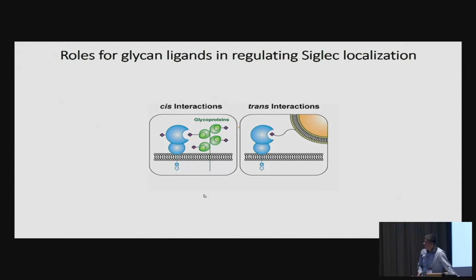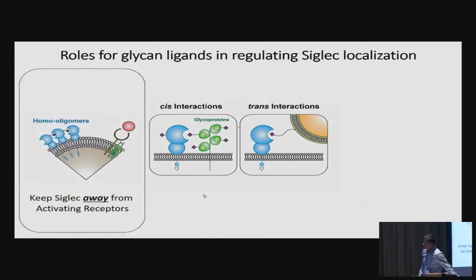So to lay the groundwork, there's two types of ligands that have been discussed and talked about since the 90s. And that is a cis interaction and a trans interaction, basically just meaning an interaction on the same surface or an interaction with a glycoprotein on another cell, another particle, that would be a trans interaction.